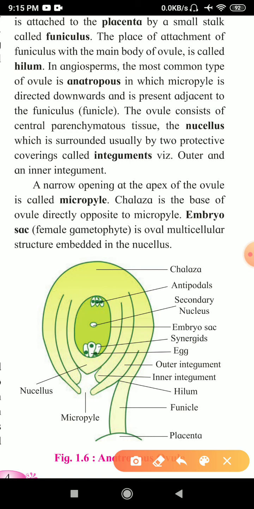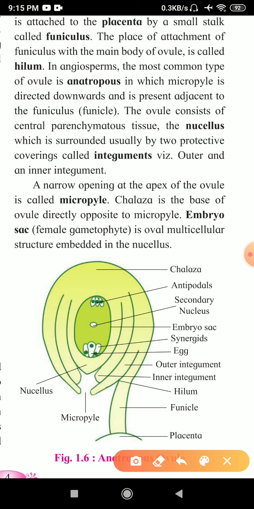Inside this embryo sac, the complete surrounding to the embryo sac is called the nucellus. The nucellus consists of parenchymatous cells, and actually nucellus is also referred to as megasporangium proper, because the entire ovule is also called megasporangium.